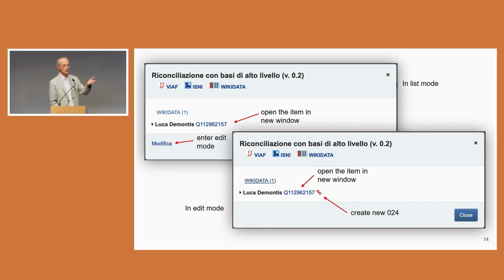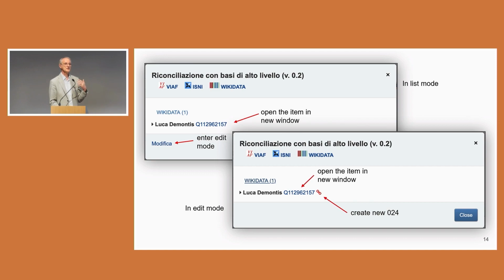In this mode, if you press the button, you will see that this suggestion is related to Wikidata. And you can open the Wikidata item in your window to verify whether this is the same author or not. If so, you can enter the edit mode, press the red link, and add it immediately in your record, creating a new 024 tag.